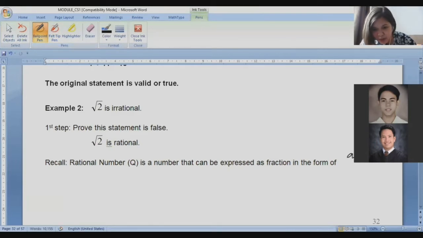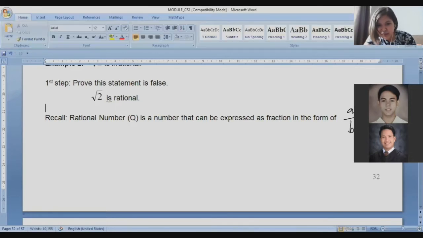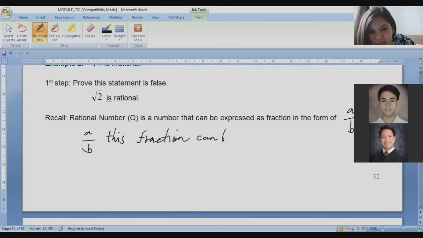What other definition of rational numbers is there besides that? You can say that if the result is a fraction in the form of a over b, it means this fraction can be reduced into lowest terms.